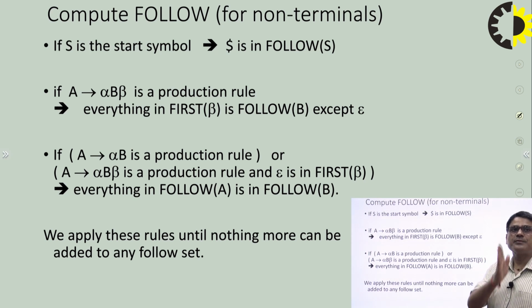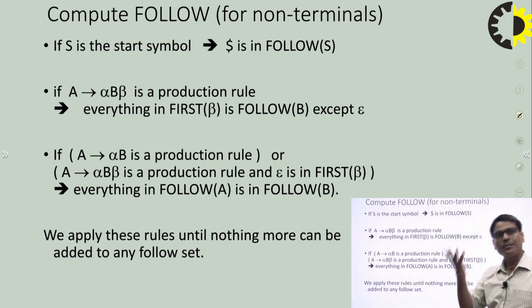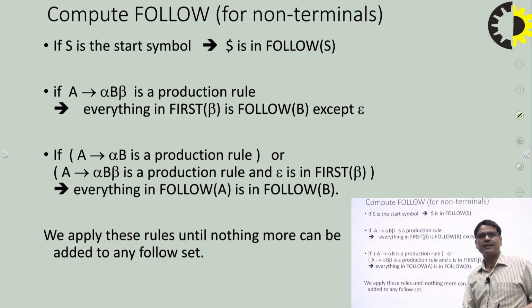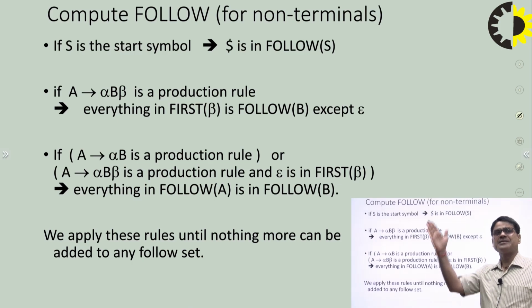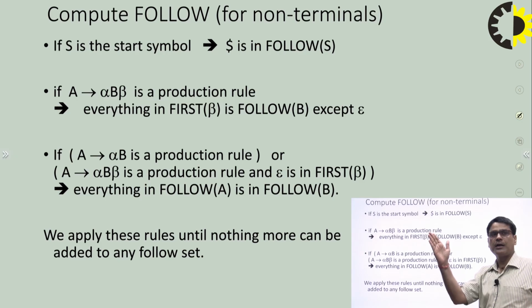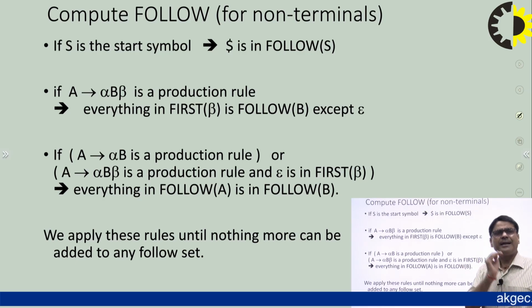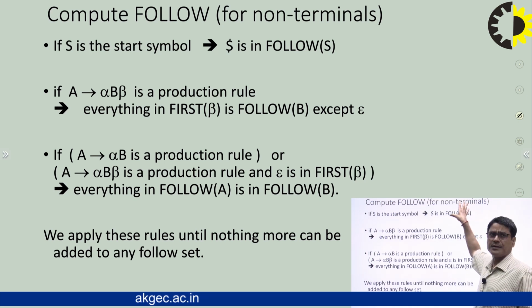So for that purpose we use dollar. Dollar is basically a right end marker or bottom end marker, which represents the end part. It is the indication that whatever process we are using here, we have already completed it, and now we can conclude whether the grammar is accepted or not. Whatever conclusion we draw by applying this complete process, basically the right end marker is used for that. So dollar is a very important thing.